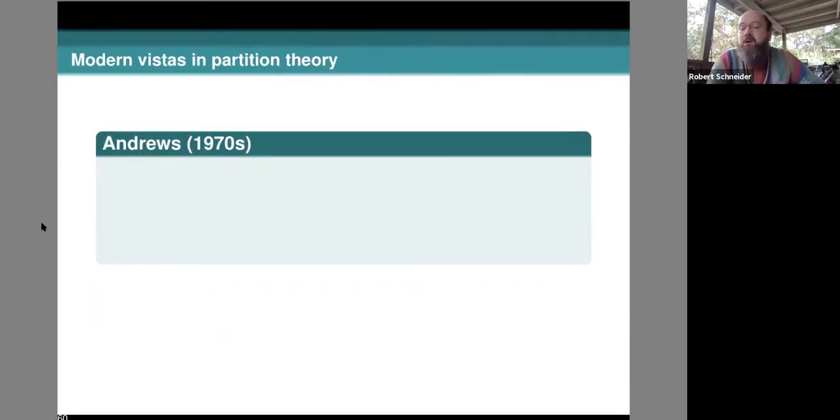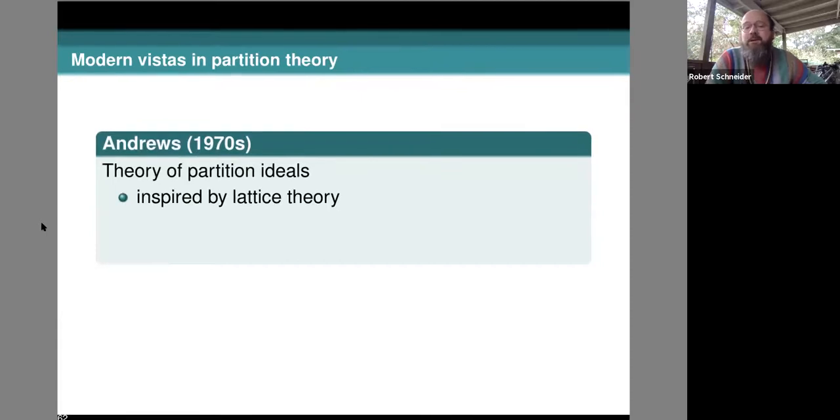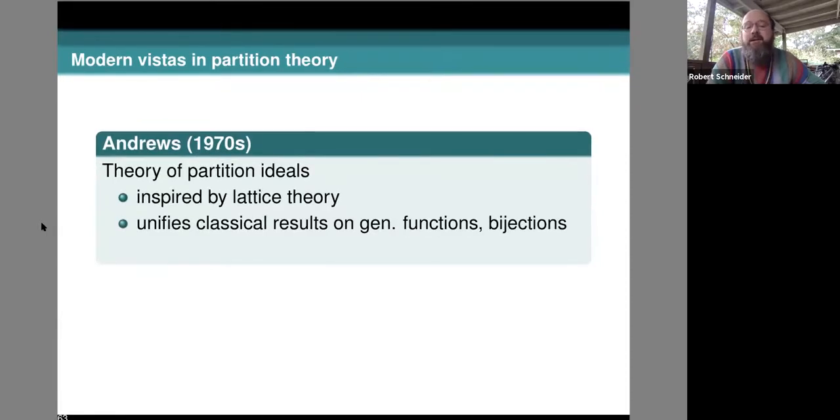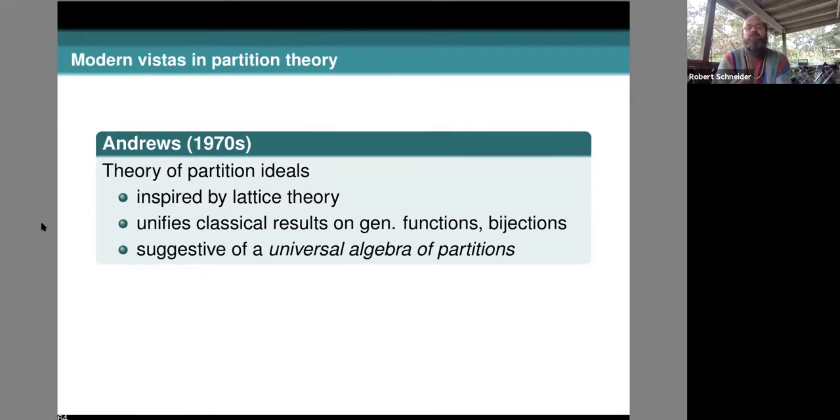In the 70s also, Andrews developed over a series of papers the theory of partition ideals. This is a really beautiful theory inspired by lattice theory, and it unifies many results on generating functions and bijections in classical partition theory. It's also very interesting because it is an introduction of an algebra of partitions. And he's able to, using this algebra, build up a beautiful theory.